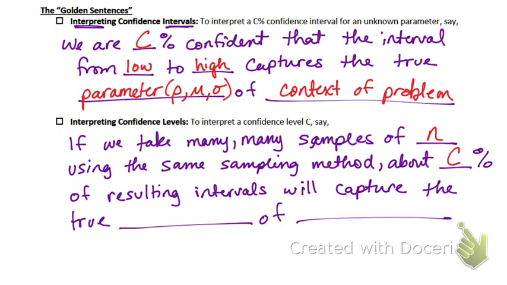About C percent. So, on our visual from up above, 96% of the resulting intervals captured the true parameter of whatever the context of the problem is.